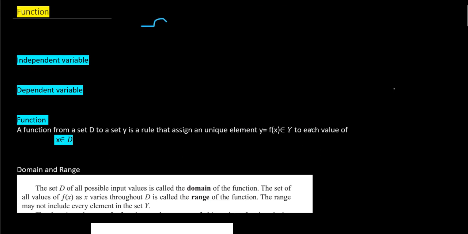Suppose I am taking a car and it completes two paths. In the first, the speed of the car is low, that's why it completes a small distance with respect to time.